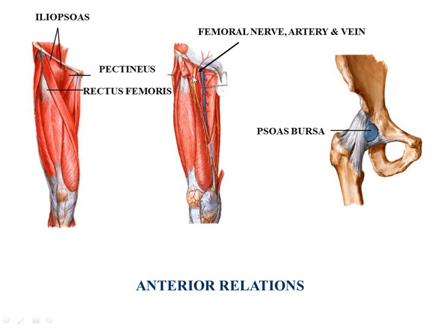So they also form the anterior relation of the hip joint. Apart from that, one muscle of the front of the thigh, the rectus femoris component of quadriceps femoris, also comes in anterior relation. So anterior relations of the hip joint include iliacus, psoas major, pectineus, rectus femoris, femoral artery, femoral vein, and the femoral nerve.